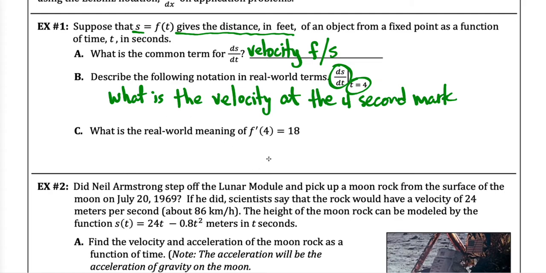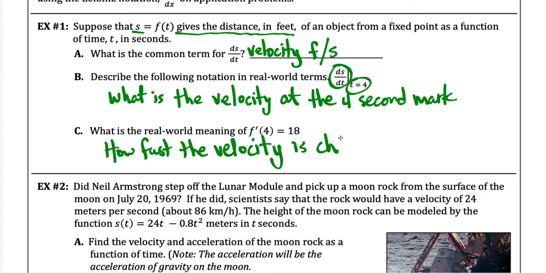What it's going to stand for is how fast the velocity is changing. So it's the rate of change of velocity. Now we actually have numbers to work with here. What you're saying, acceleration, is correct and good, and I 100% would take that answer.